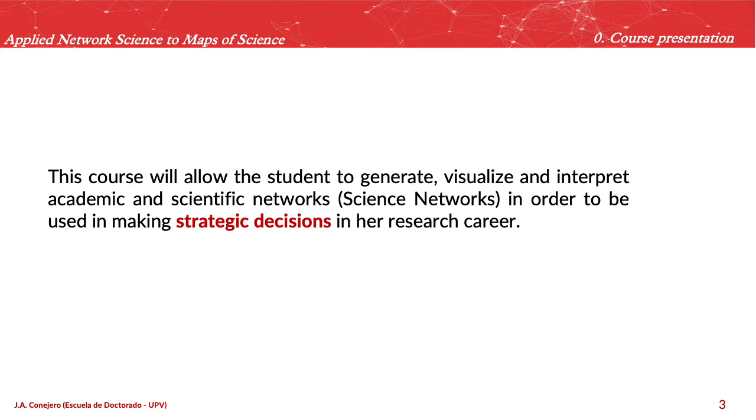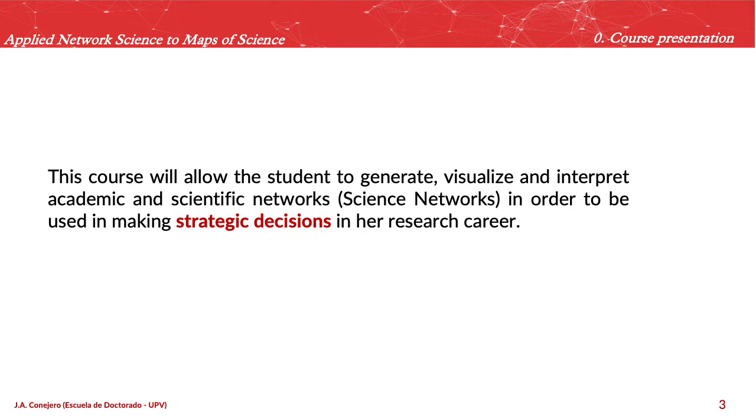So in many cases, it will be interesting to analyze this information and the panorama that will be provided with networks. It's very visual and it will illustrate very easily what the situation or the panorama is in one research area.